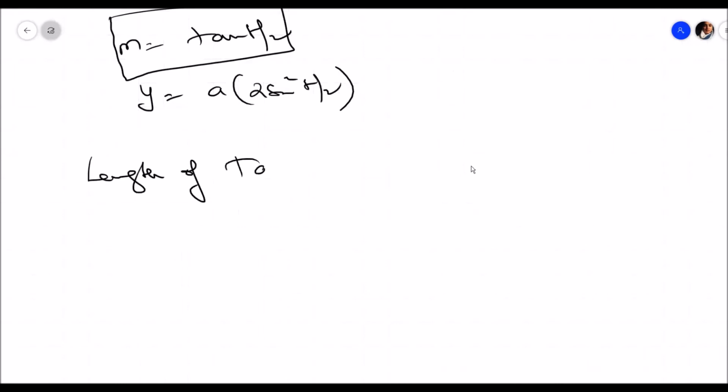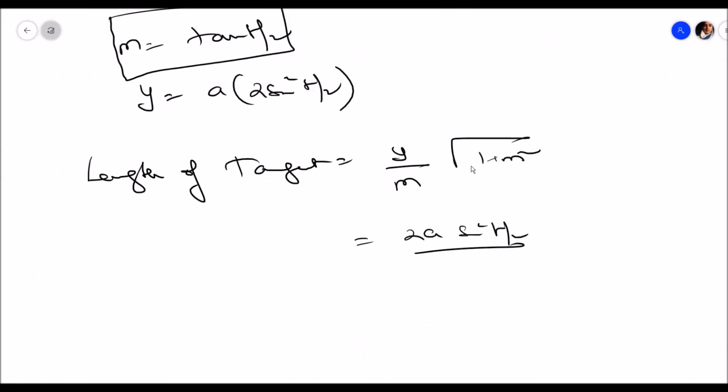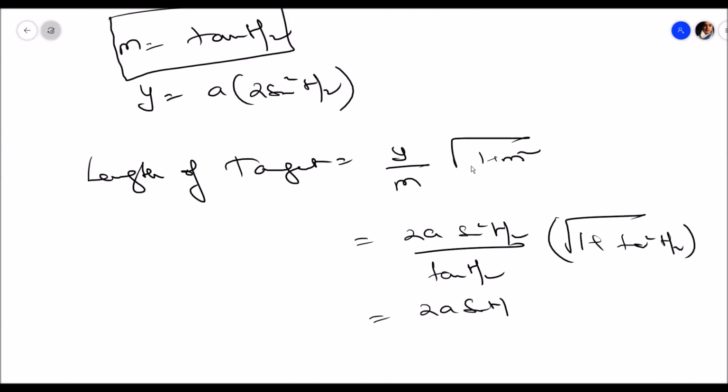Length of the tangent is equal to y by m root over 1 plus m square. That is equal to a into 2 sine square t by 2 by m, that is tan t by 2, into root over 1 plus tan square t by 2, which is 2a sine square t by 2 by sine t by 2 by cos t by 2, into this part. 1 plus tan square t by 2 is secant square t by 2, under root is secant t by 2.